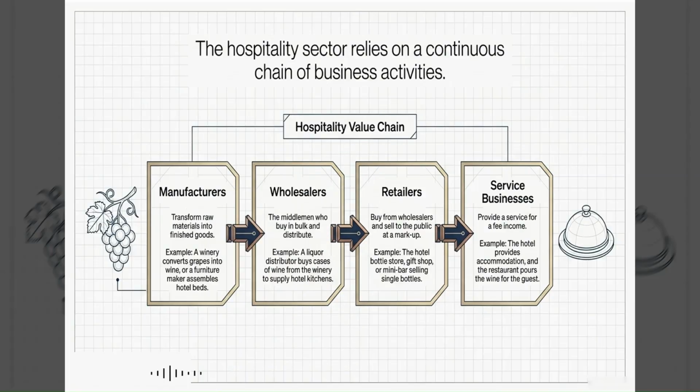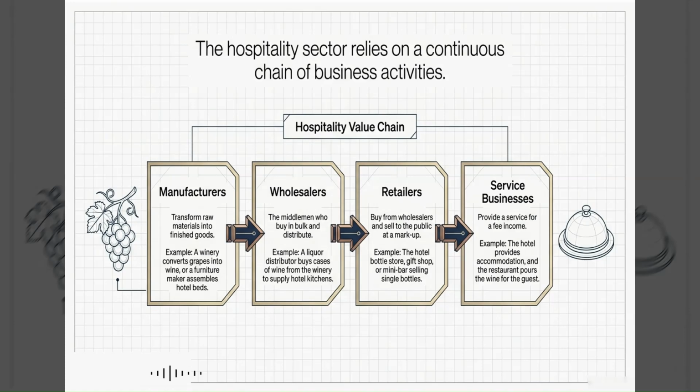The business form tells you the legal skeleton. The type of business activity tells you what the organization actually does, and that determines how complex its accounting will be. There are four types: service, manufacturing, wholesale, and retail.